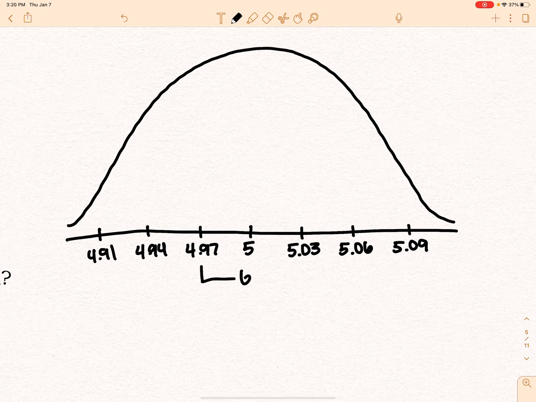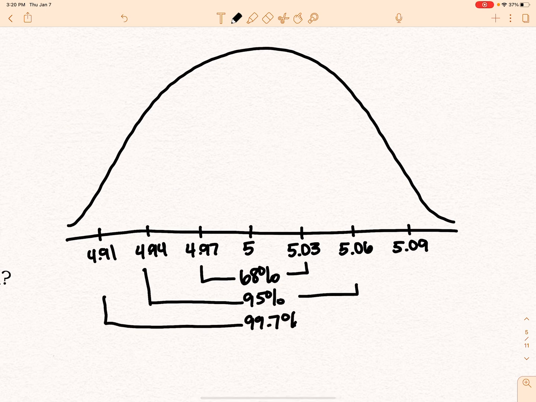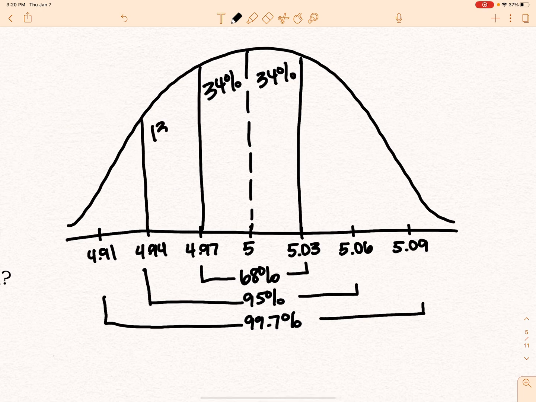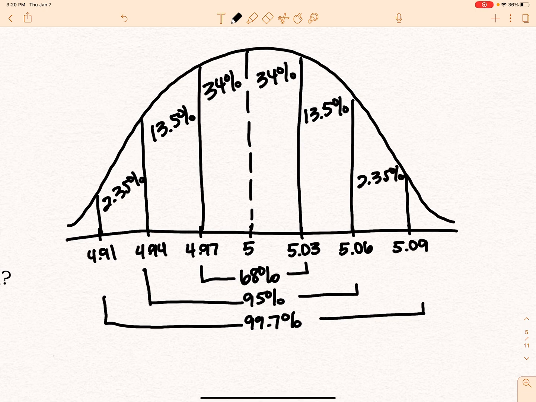And then the empirical rule values I've got here, and my other values, which are just going to make the problem easier to solve. I'm breaking this down into all the percentages. Make my life easier. Anything that does that is a good thing.